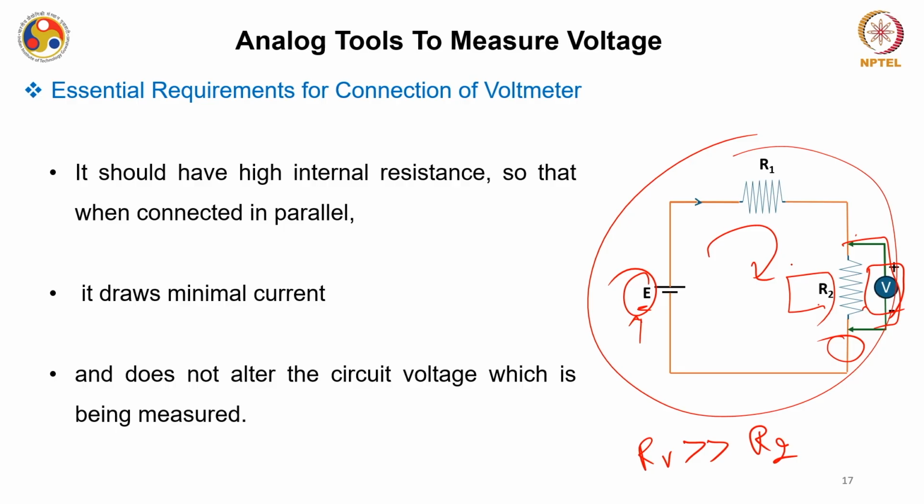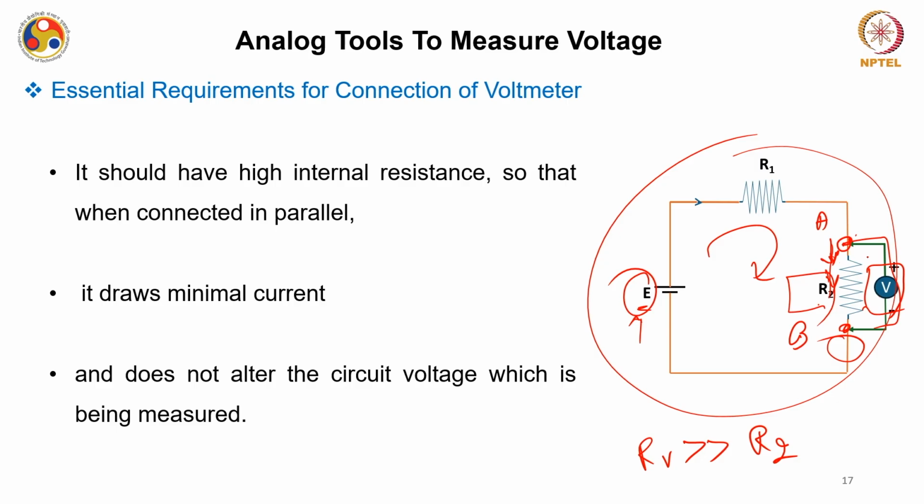Okay, the current will of course try to flow through the minimal resistance path, and that's why the maximum of the current is flowing through this R2, and that's how the potential difference between this point A and B is measured by this voltmeter.